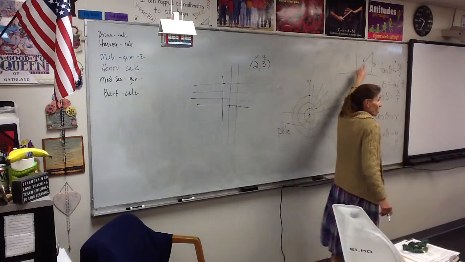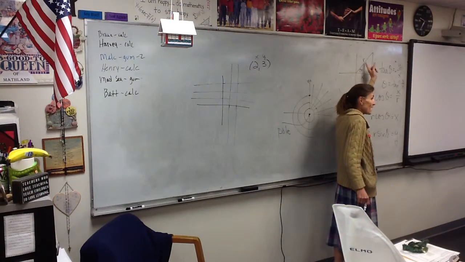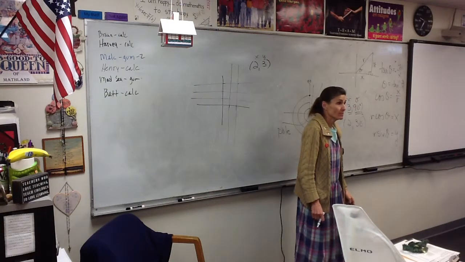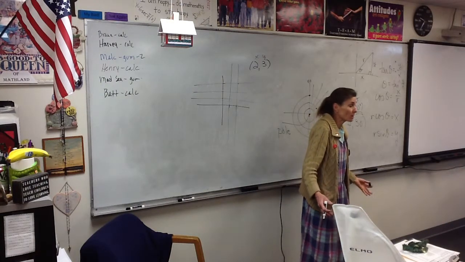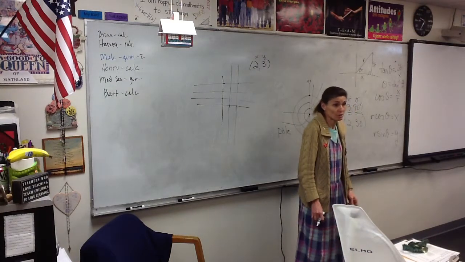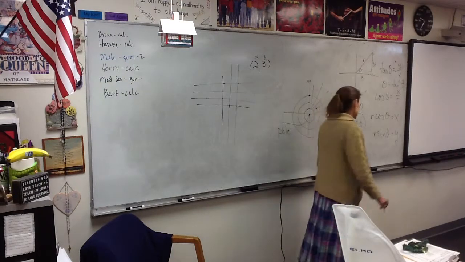So what does r equal? Square root of x squared plus y squared, just like the magnitude that you've been finding. You're going to square that, add them up, square root, and that's how you're going to find r. So tomorrow you're going to walk in, I'm going to say get out a half a sheet of paper and you're going to write down the 4 conversion equations, right? But you already know them. This should not be a big deal for you.